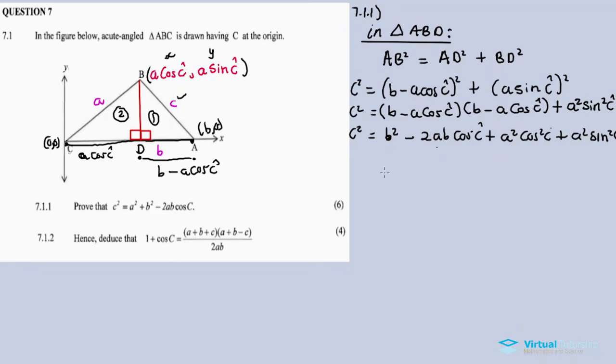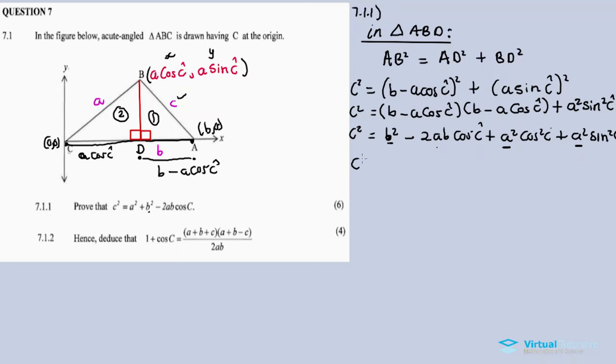Now check this out. The aim is to prove that C squared is equal to this, right? B squared, you see B squared here. A squared, you see A squared. So how can we make this A squared one term? This A squared is in fact a common factor, so we must take out this A squared as a common factor.